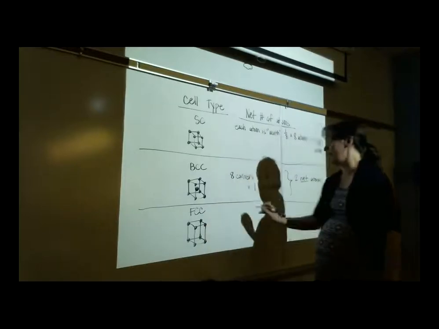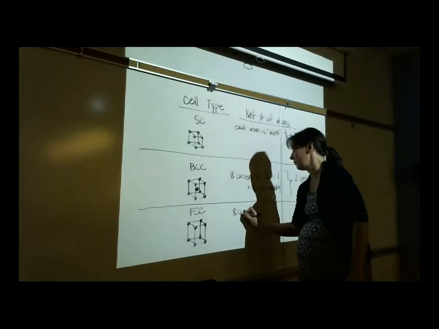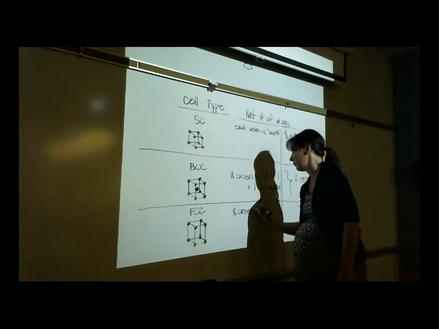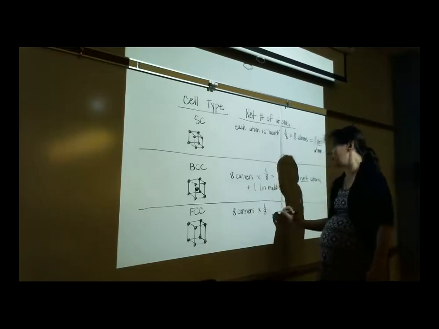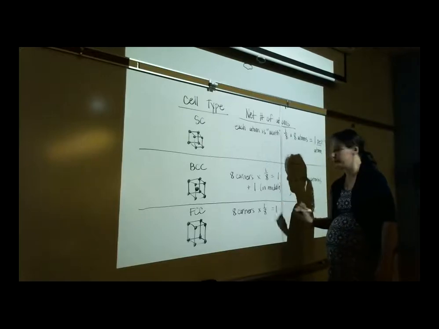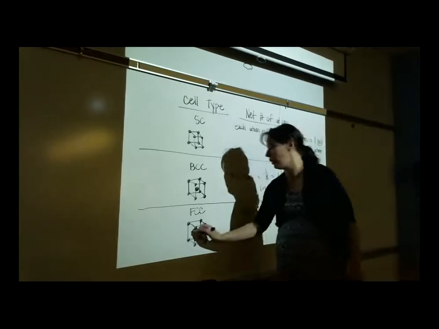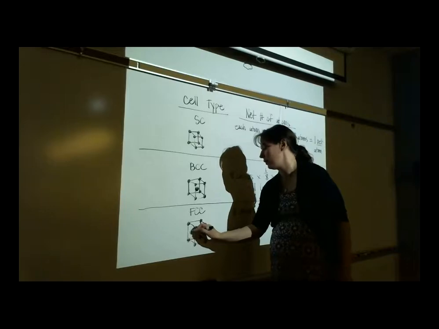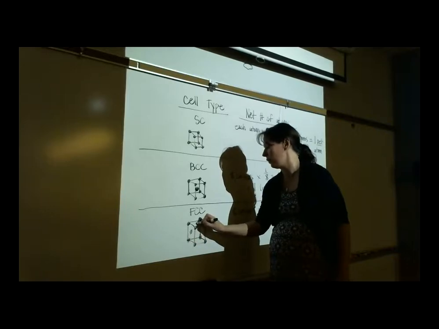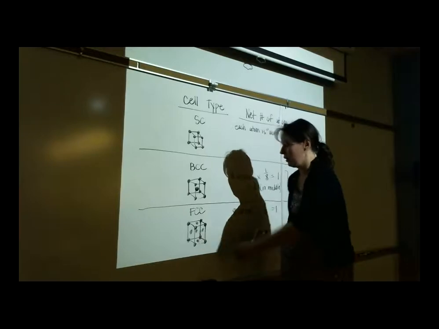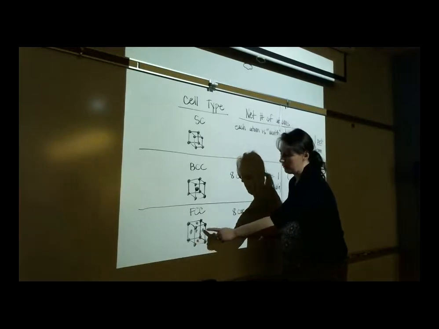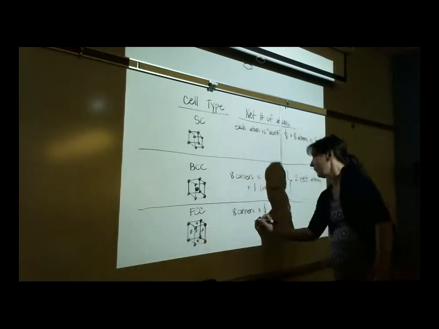All right, so you've got 8 corners. And each corner is worth 1/8. So 8 times 1/8 gives me 1. Plus you've got 1 on each face. There, right there, right there, right there, front, and the bottom, right? 1, 2, 3, 4, 5, 6.